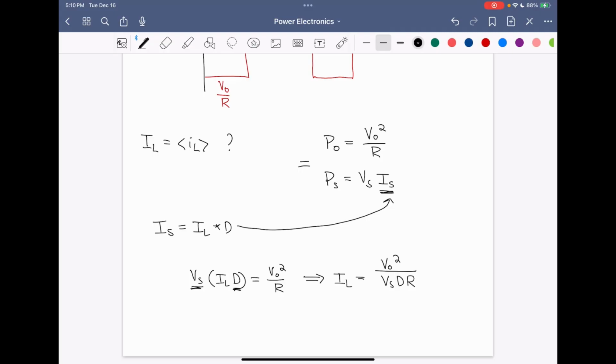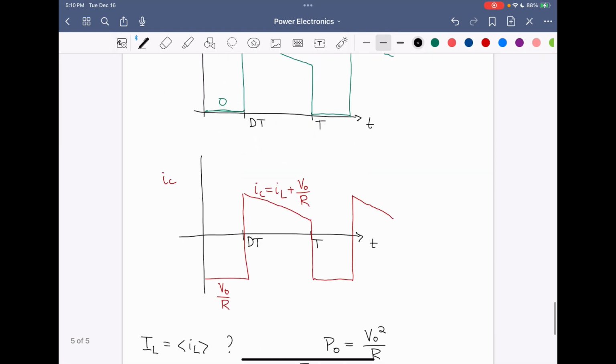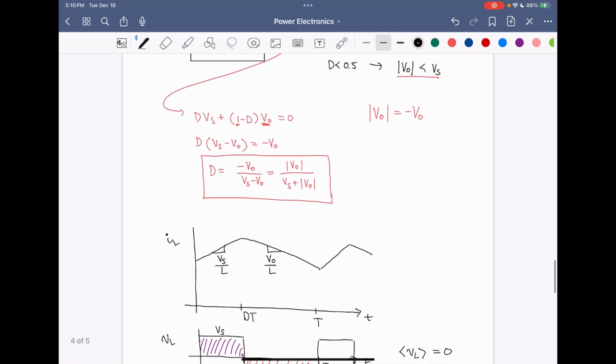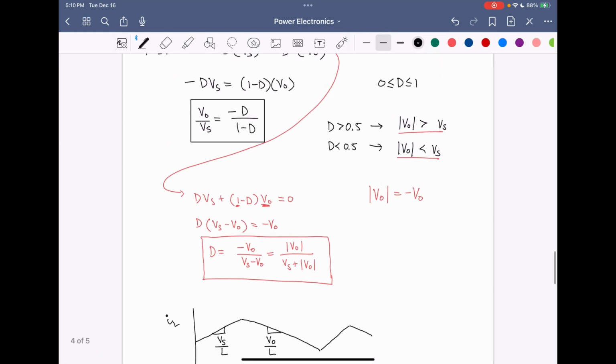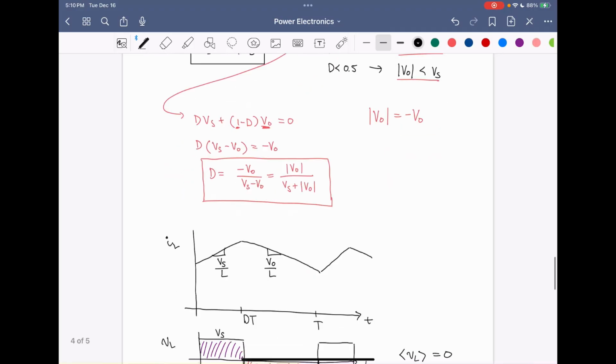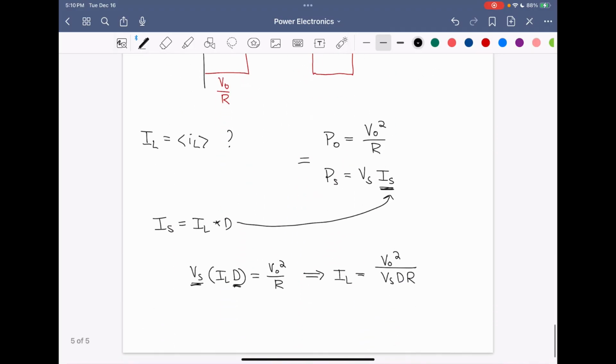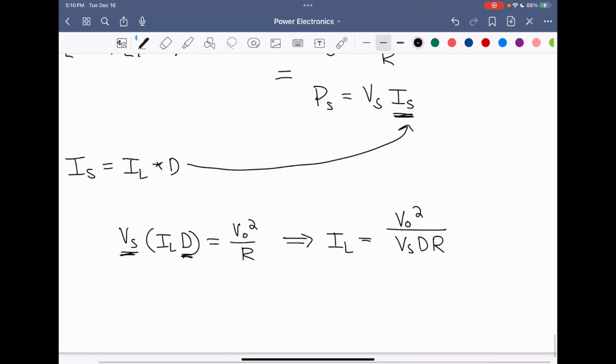Now we can further simplify things by using the voltage conversion ratio here. By substituting in VO equals negative D over 1 minus D times VS, we're going to get the following expression.